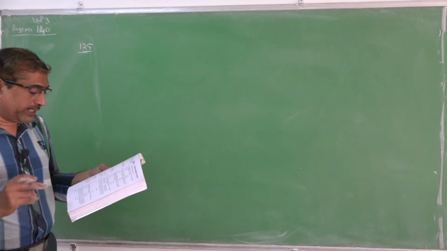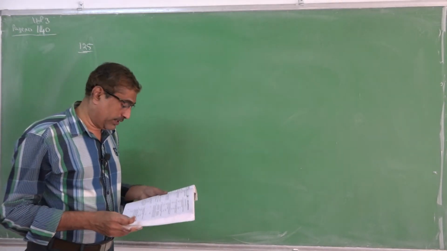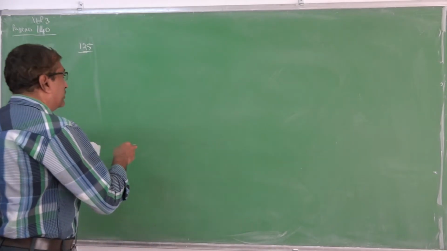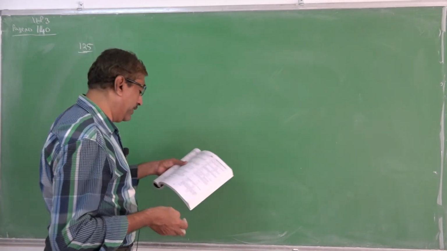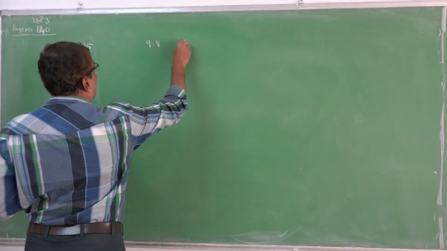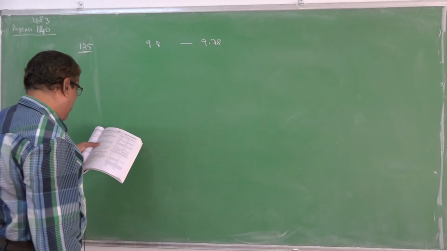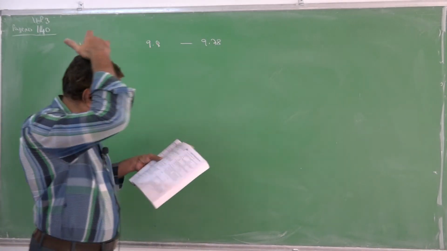The change in the length so that its time period does not change. So the seconds pendulum is shifted from a place where g is 9.8 to g equal to 9.78. The change in its length so that the time period remains constant.